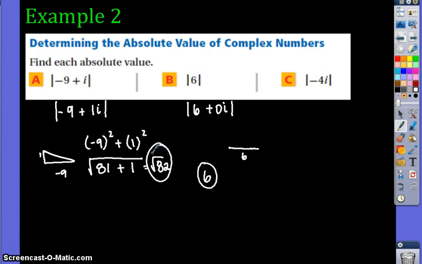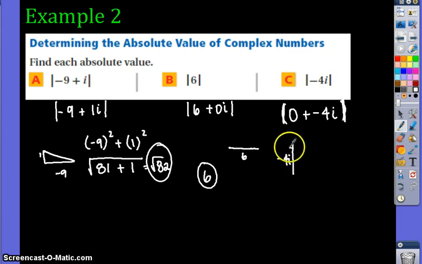Circle that one. And then lastly, negative 4i. Again, in this case, we don't have a real component, so it's like 0 plus a negative 4i. So what that means is we need to go to the left or right 0, but then we need to go down negative 4i units.